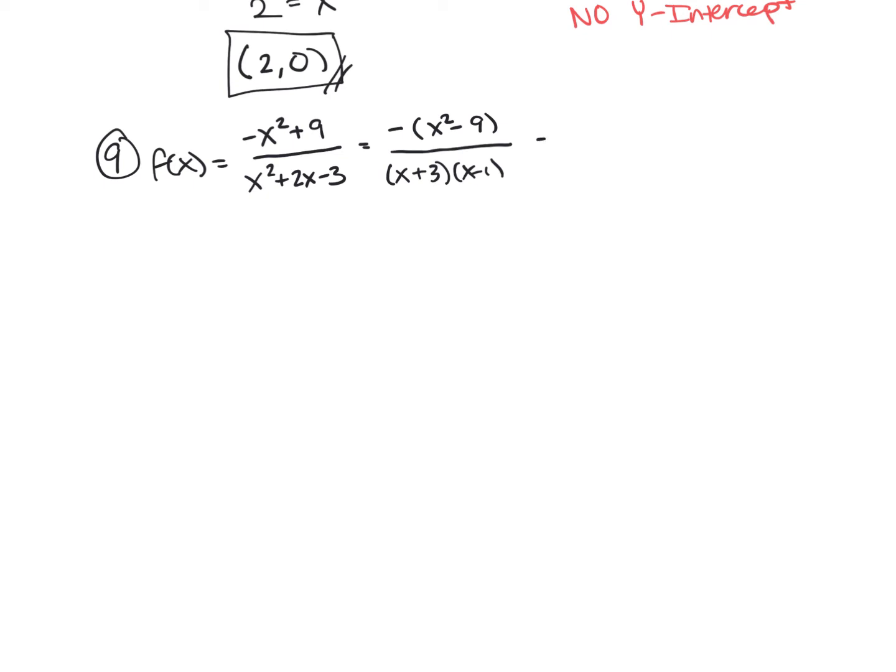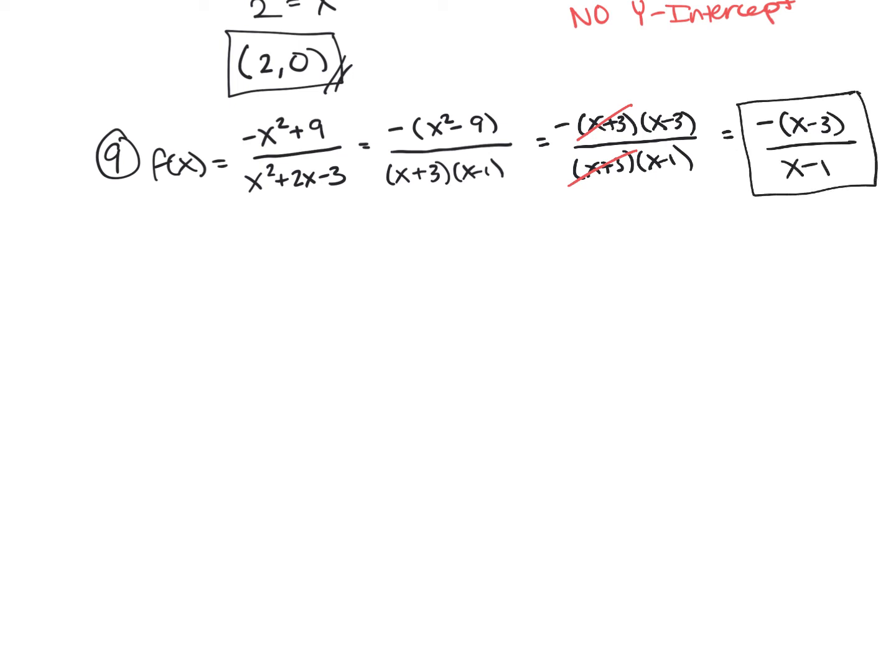So our equation is negative x plus 3 times x minus 3 over x plus 3 times x minus 1. And taking a look here, I go, hey, we got some factors we can cancel out. So when we simplify this, we're going to have negative x minus 3 over x minus 1.